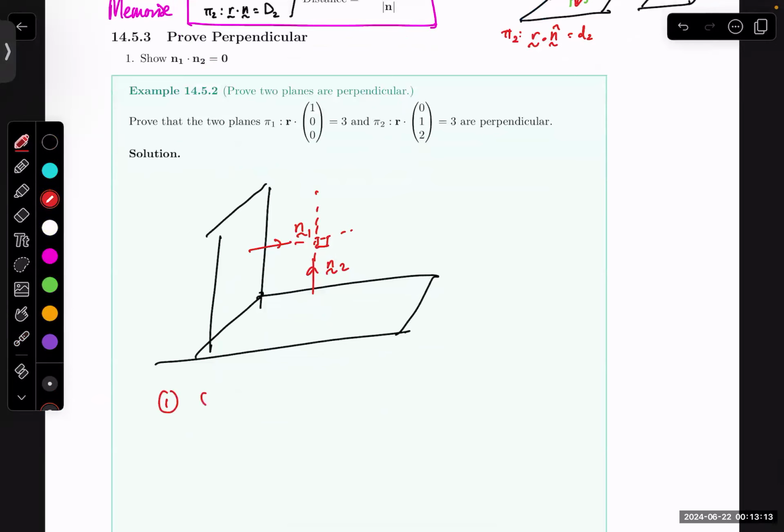Show n1 perpendicular to n2. If they are perpendicular, when you take the dot product, it should equal 0. Next one.